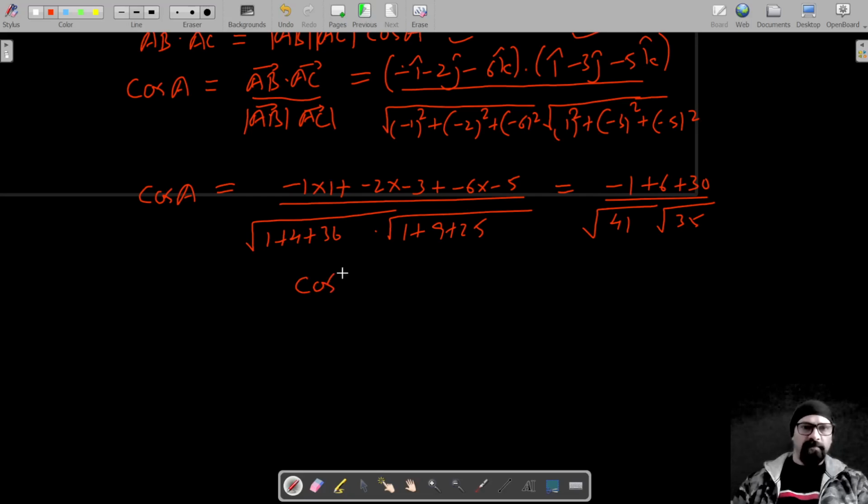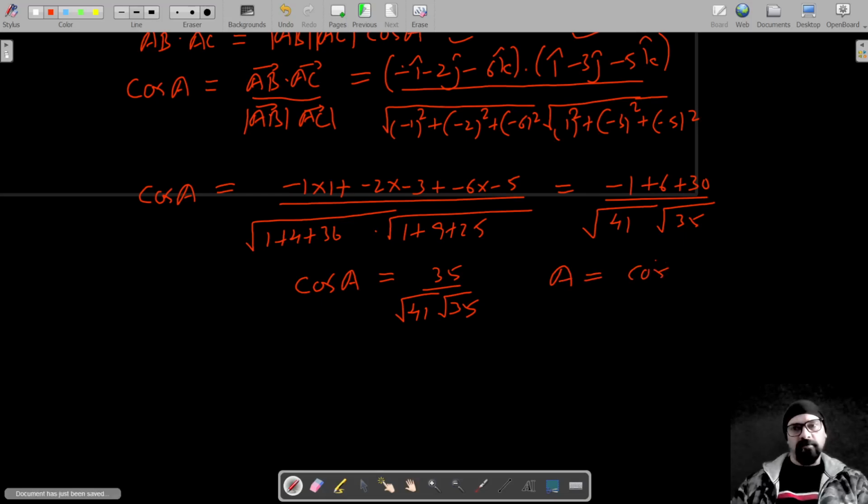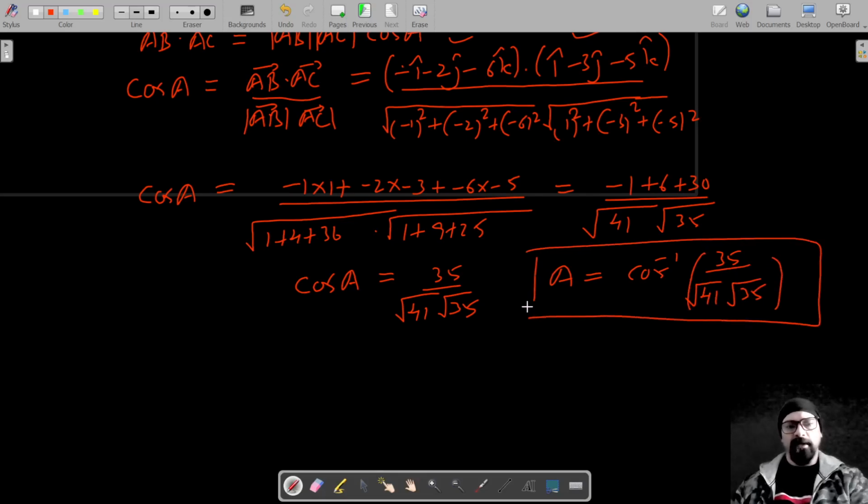So finally we have cos A is equal to 36 minus 1 is 35 under root 41 under root 35, which gives me A is equal to cos inverse of 35 upon under root 41 and under root 35. So this is angle A.